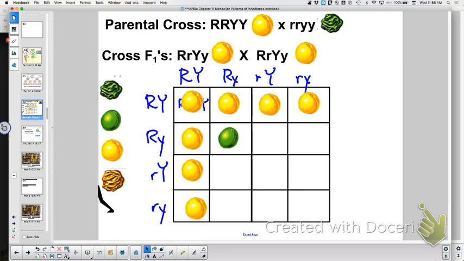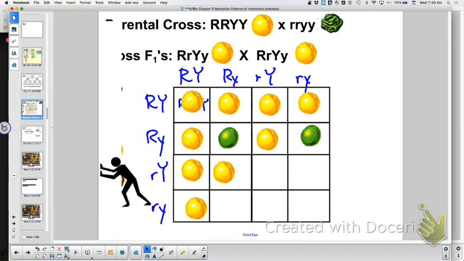What's this one? Next. What do you think it's going to be? Round and yellow. Okay. Oh, go back.